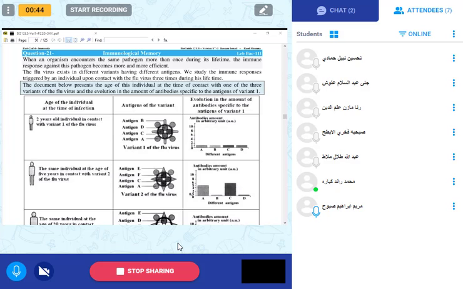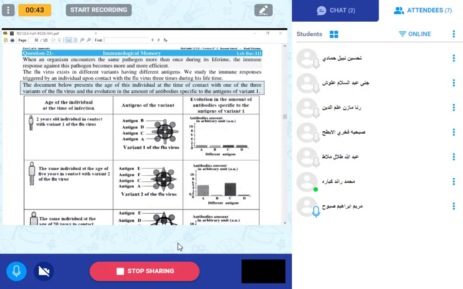The document below presents the age of this individual at time of contact with one of the 3 variants of the flu virus and the evolution in the amount of antibodies specific to antigens of variant 1.